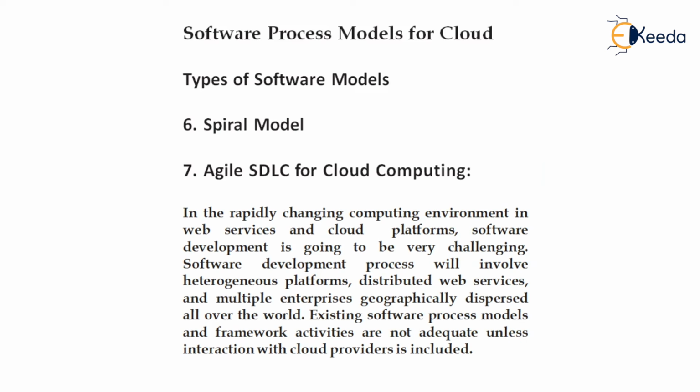Now, these are the certain advantages of one of the software process models for the cloud. Every software process model is famous for faster time to market. Since the software is developed in less time, it reduces the time an organization takes to launch the product into the market.